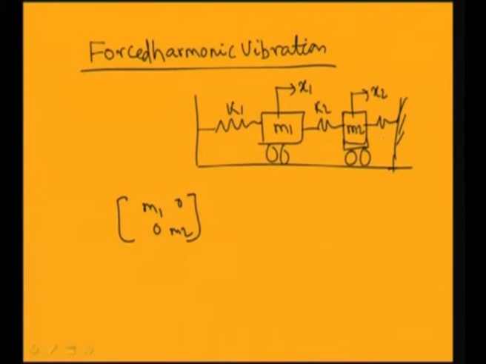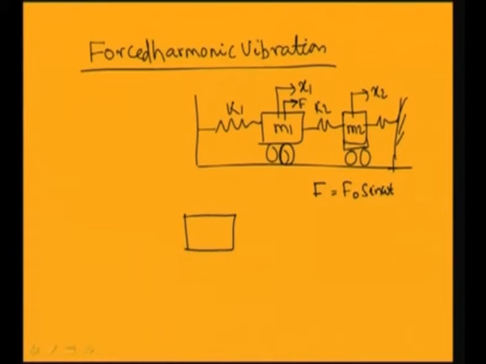So, let me assume that this mass M1 is subjected to a force. So, this is F, and this force F is equal to F0 sin omega t. So, I can write the equation of motion by drawing the free body diagram of the system. Let me draw the free body diagram of this mass M1.